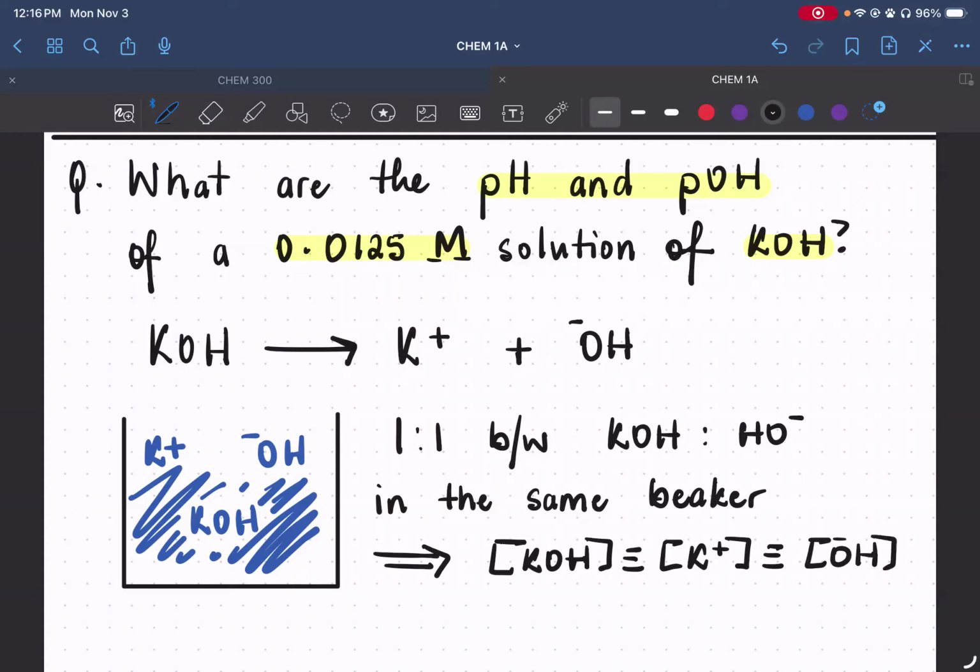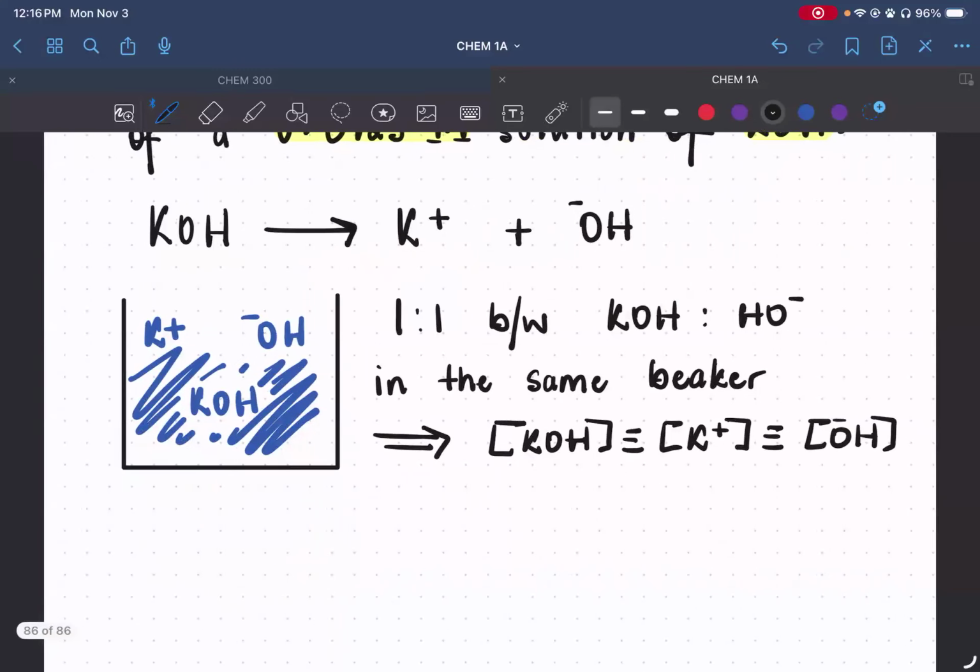This is all based on the fact that the only thing we have present is the KOH. And since it's known to split up into its respective ions, we can make the simple conclusion that the concentrations are equal to one another. In other words, the OH concentration is equal to 0.0125 molarity.